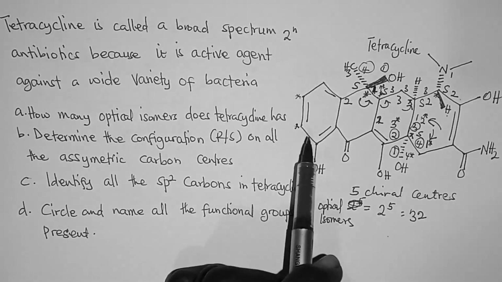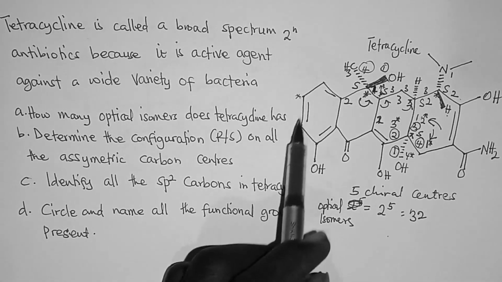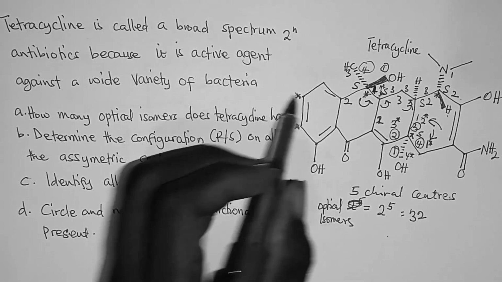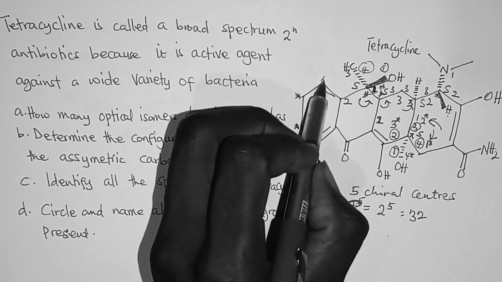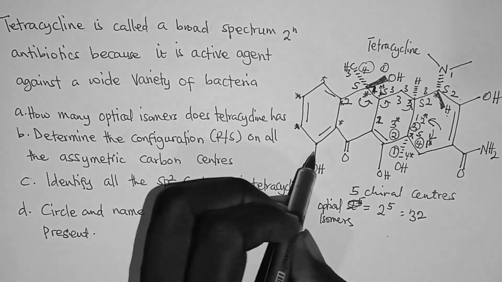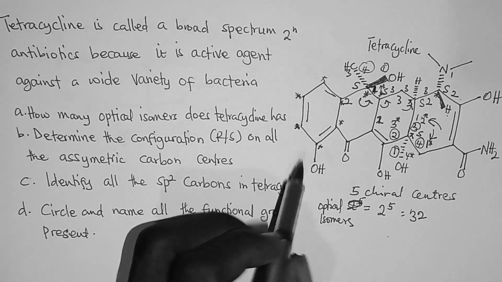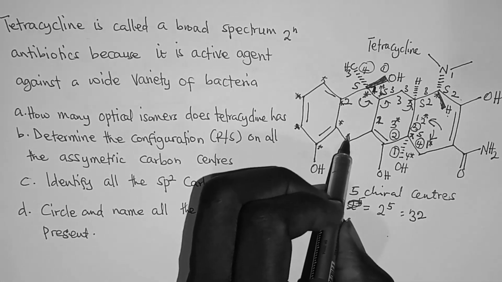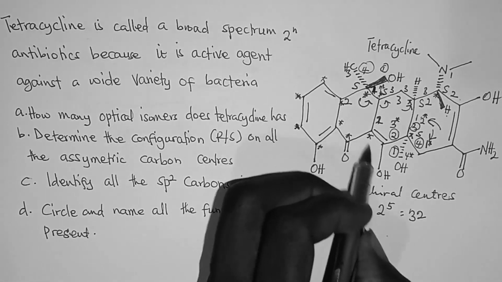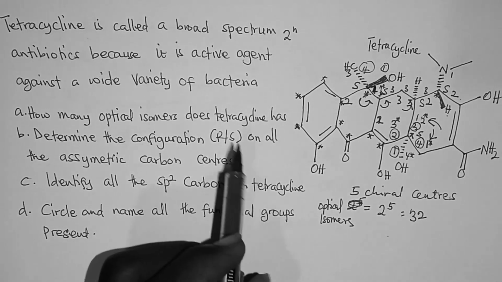So all the carbons that are doubly bonded to each other are sp2. So this is one of them. This is the other. Then this is the third, the fourth, the fifth, and then the sixth. This one is also an sp2 carbon. This is an sp2 carbon. This is also an sp2 carbon.